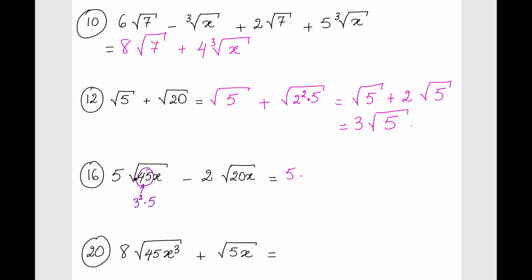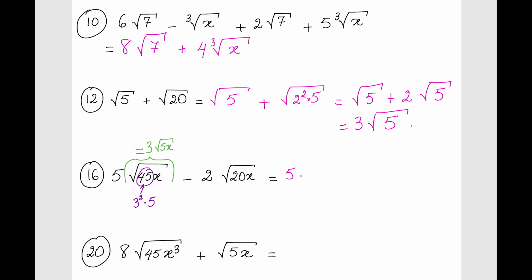Correct? I'm talking about just this guy. This becomes 3 square root of 5x. Correct? Because this is 9. Square root of 9 is 3, times square root of 5x. So this is 3 times square root of 5x.